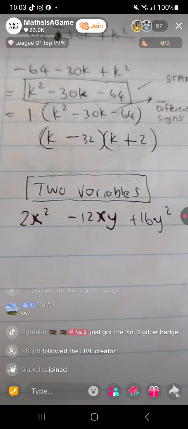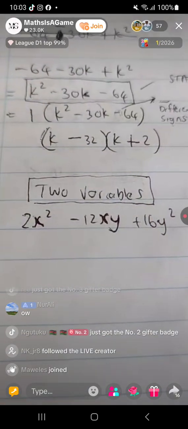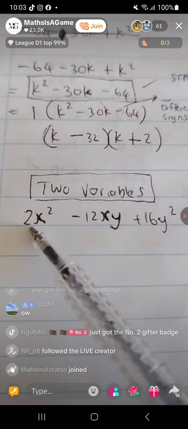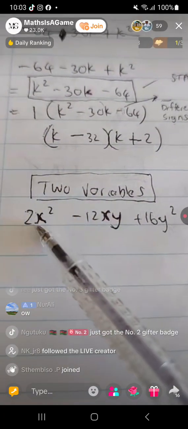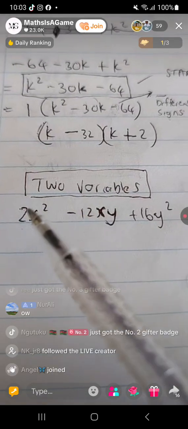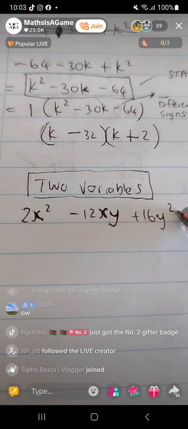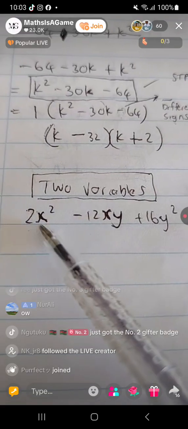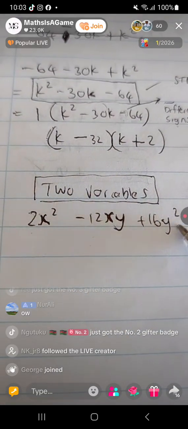So if we look at the expression, let's start with the questions that we usually ask. How many terms are in the expression? Firstly, the order is fine. This is the x squared term followed by x, and we have a y squared term at the end, but there's the y featuring there as well. X squared is a perfect square, y squared is a perfect square.